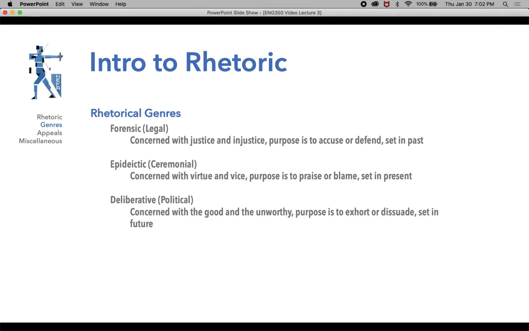purposes, right? And the first is the forensic, and the forensic simply means the legal contexts. And so he would say, if you're deploying symbols, for Aristotle it would have been more oral traditions, right, oration. But today we discuss it in terms of literate traditions too, reading and writing, right? So if you're deploying symbols and working toward some sort of effect on an audience that is concerned with justice and injustice, and the purpose is to accuse or defend a set of people or an idea.